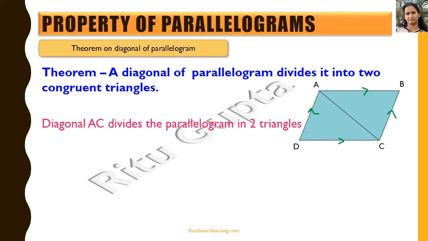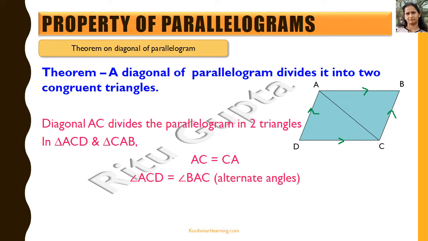Now we know that in these two triangles AC is equal to CA, which is the common side of the two triangles. We also know that angle ACD is equal to angle BAC, because by the basic definition the parallelogram has two pairs of parallel lines, and AB is parallel to CD with AC being the transversal, so these two will be alternate angles and hence they would be equal.